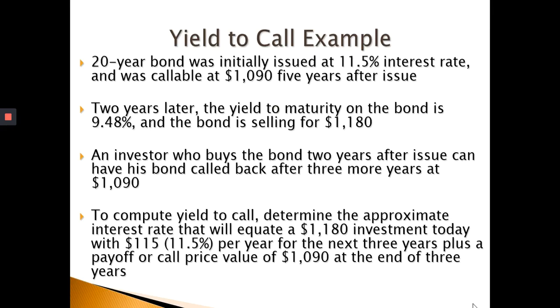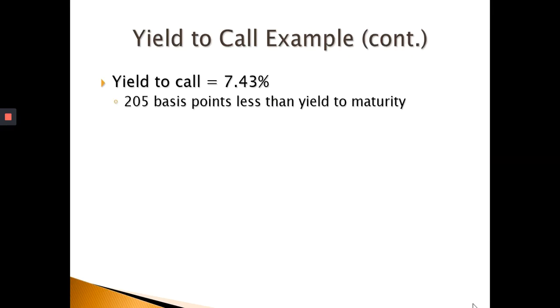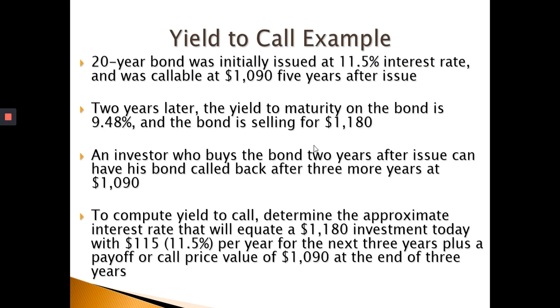Alright, so class, if you see, they say the yield to maturity is 9.48%, which means if you keep the bond for 20 years, you receive 115 every year, and at the end of the maturity, you receive 1,000.